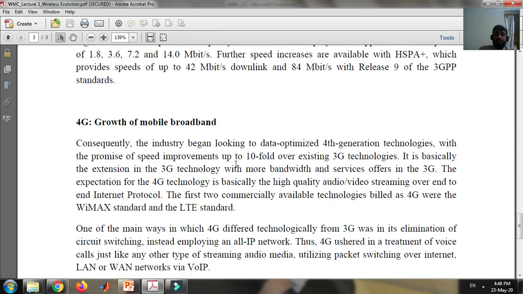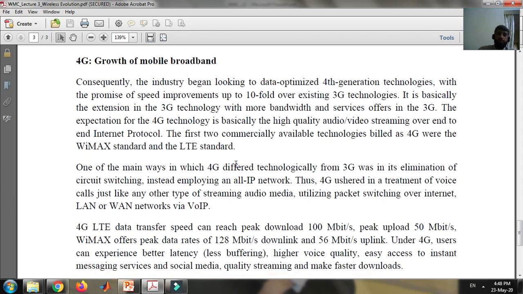The next generation of mobile communication, which is generally named as 4G or LTE or WiMAX, are evolved versions of 3G, in which the data services become broadband services. So eventually we end up with mobile broadband in 4G communication. Basically, 4G can support high quality audio and video streaming over internet protocols.